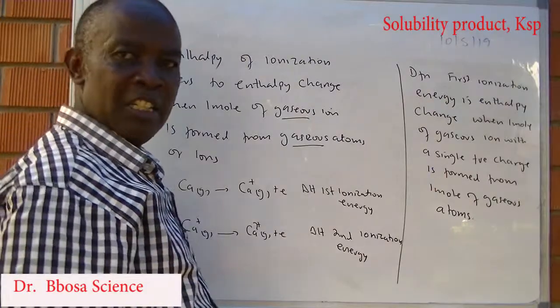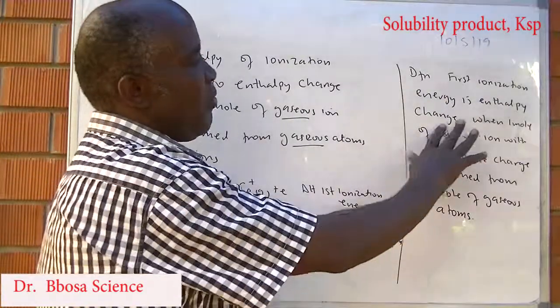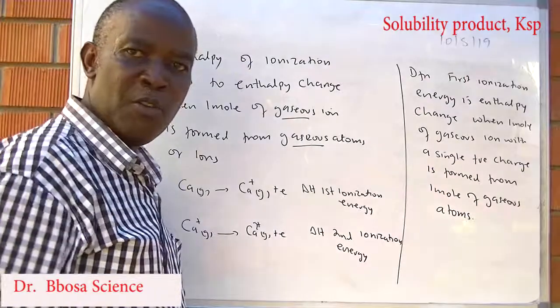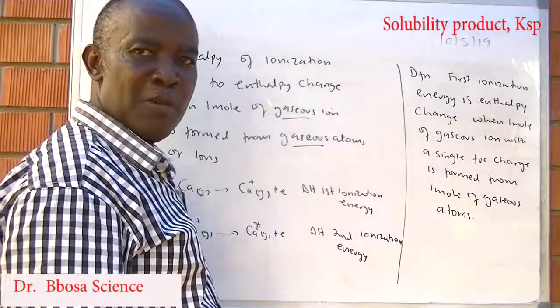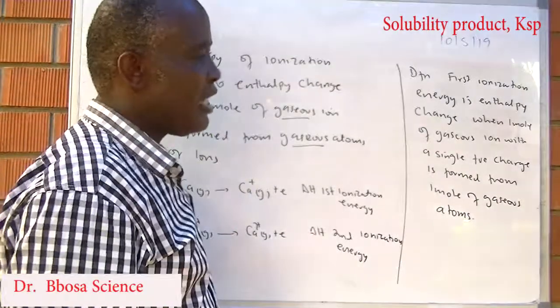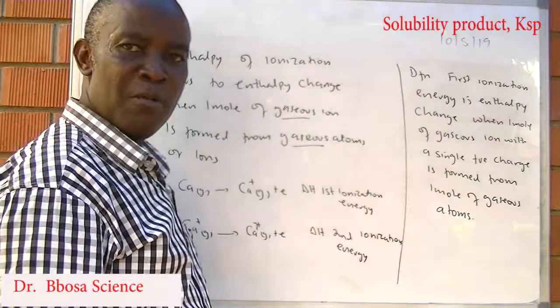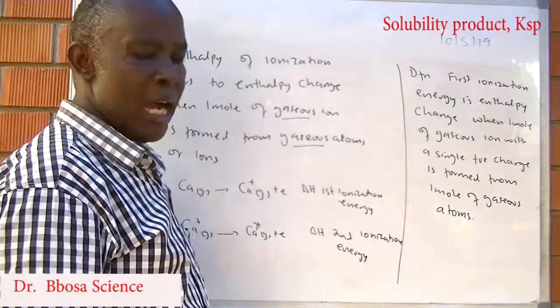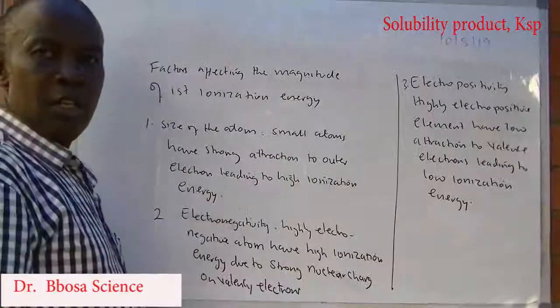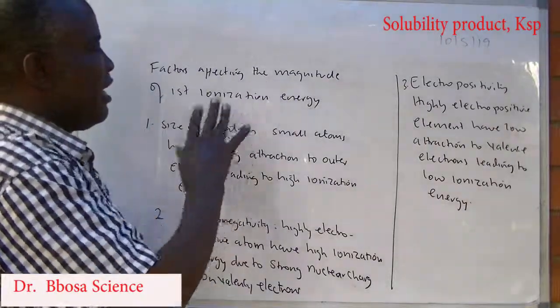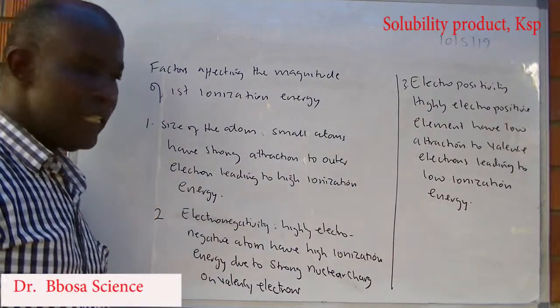Definition: first ionization energy is the enthalpy change when 1 mole of gaseous atom with a single positive charge is formed from 1 mole of gaseous atoms. Factors affecting the magnitude of first ionization energy.